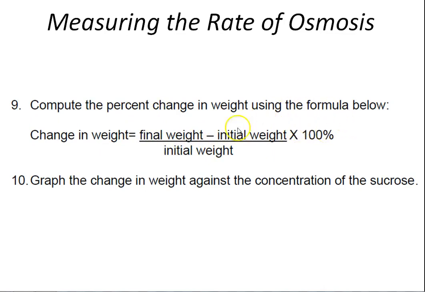Whatever percentage change in weight you get, you will then graph this percentage change so that we would be able to see the trend, whether our setup, our cellulose sac, gained solution or lost solution.